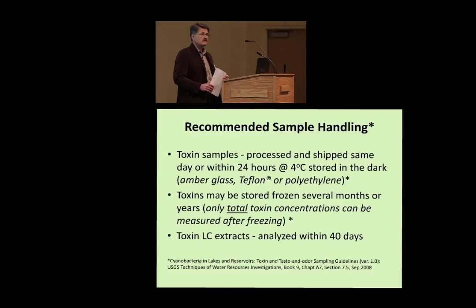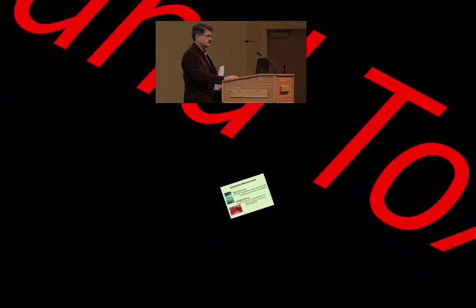Toxins can be stored frozen for several months or even years, but once they're frozen, only total concentrations can be measured. And the standard laboratory procedure is that the extracts be analyzed within 40 days of extraction.